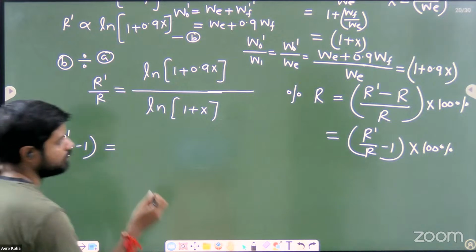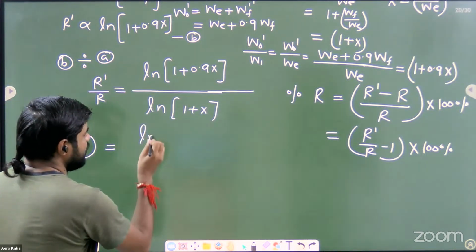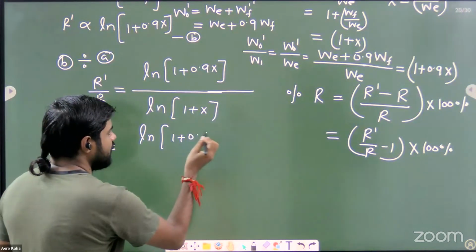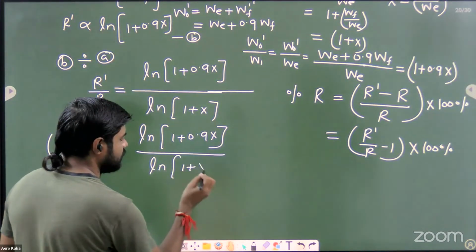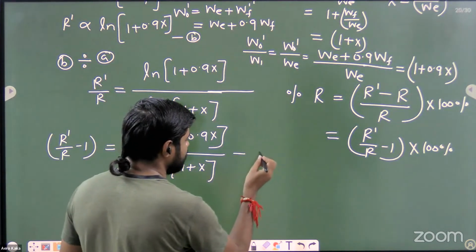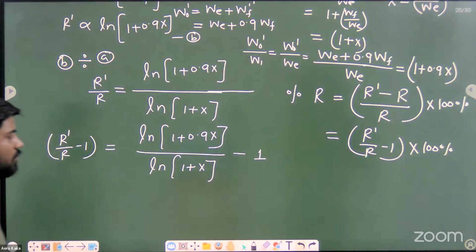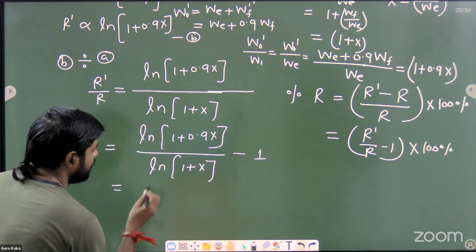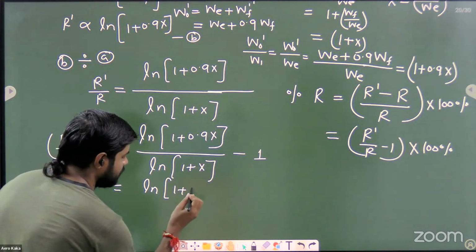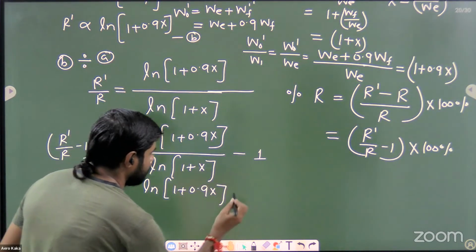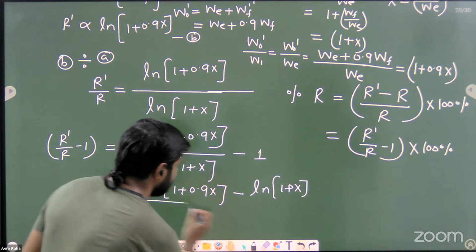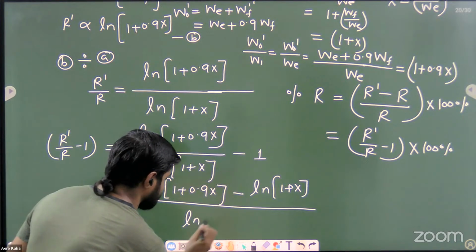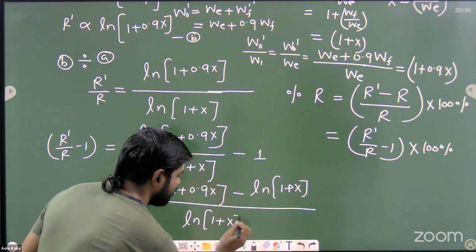You are getting ln of 1 plus 0.9x divided by ln of 1 plus x, minus 1. Simplified further, how much will you get? Ln of 1 plus 0.9x minus ln of 1 plus x, divided by ln of 1 plus x. Agree? Check please.